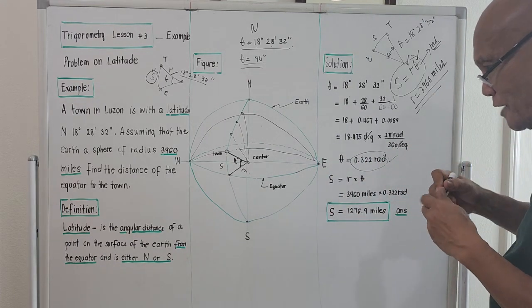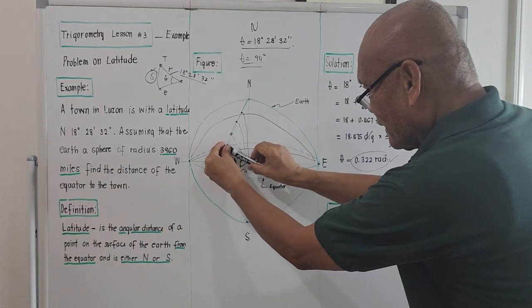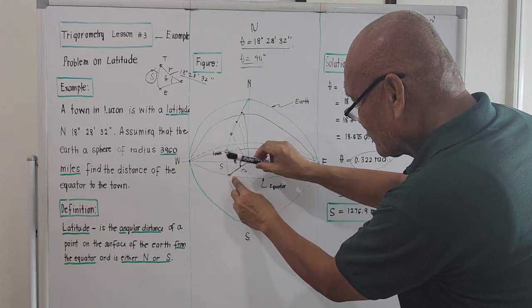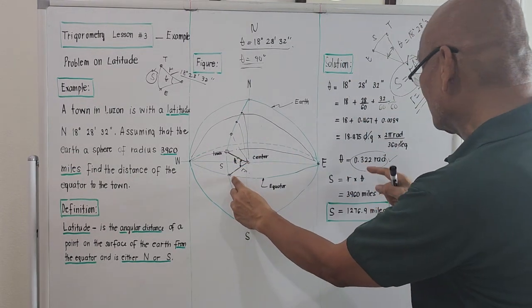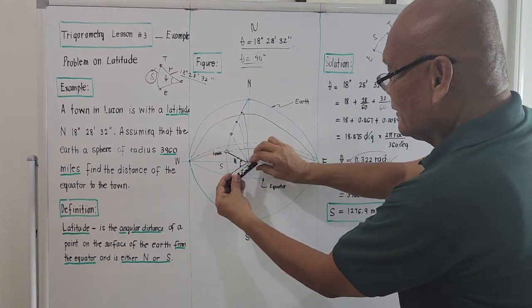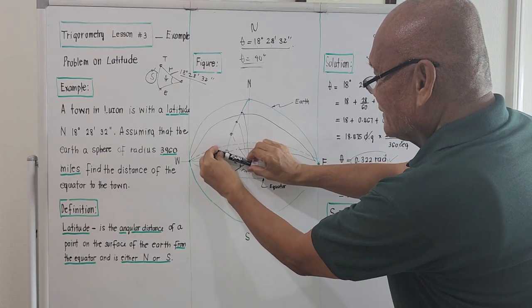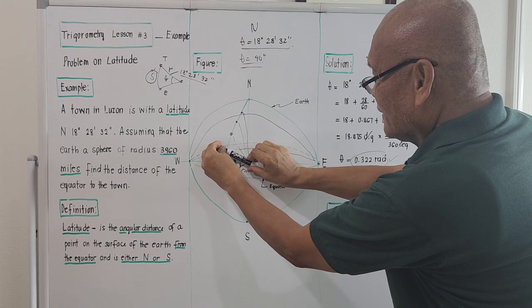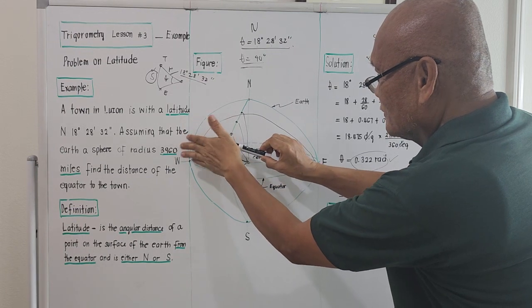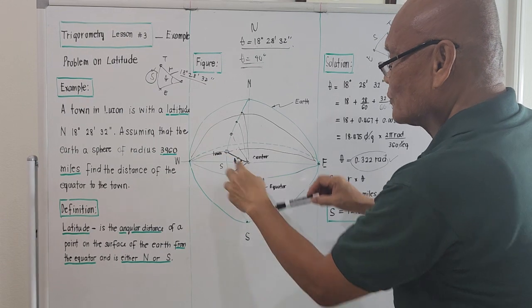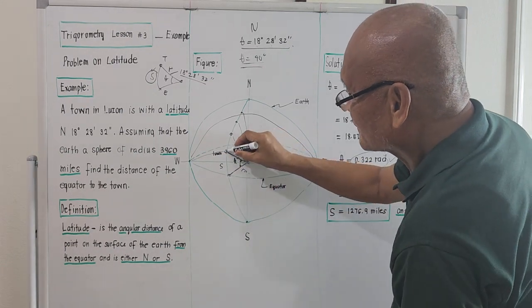Meaning to say, the latitude of the town, the angle of inclination of the town with respect to the equator, is only around 0.322 radians. This is the horizontal line; we rotate this line until it coincides with this. When the angle is 18 degrees, 28 minutes, 32 seconds, that's the location of the town.